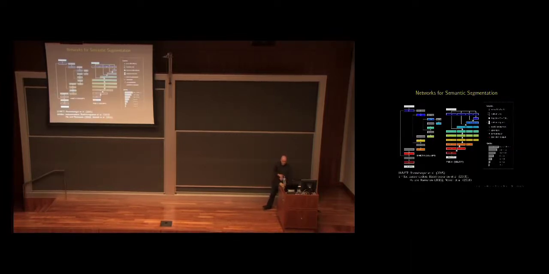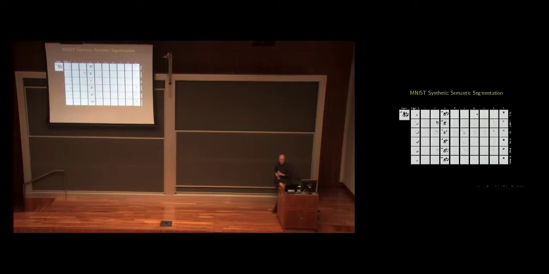Okay, we also have some experiments on synthetic semantic segmentation tasks, comparing UNet to just a pure multigrid network that produces segmentation type output. We synthesized a task from MNIST by randomly distorting and pasting overlapping digits into a canvas, and then the task is to separate the digits by their original channels.